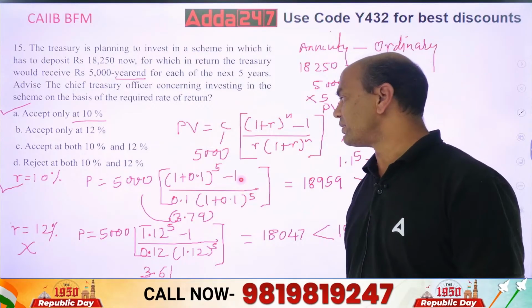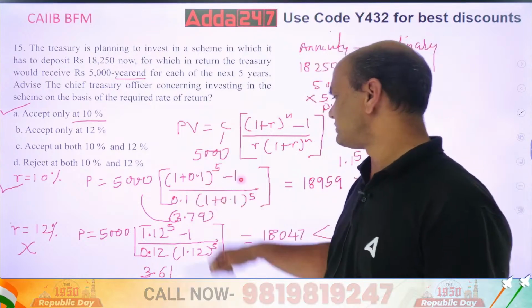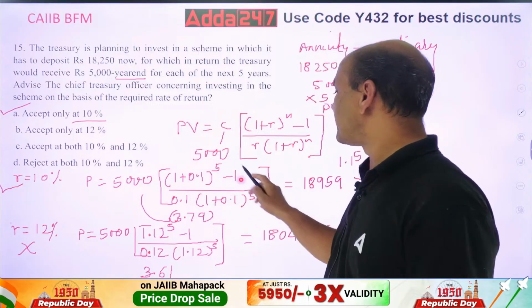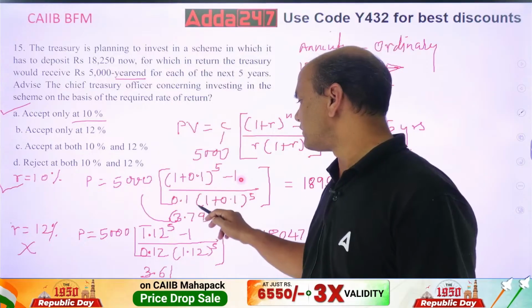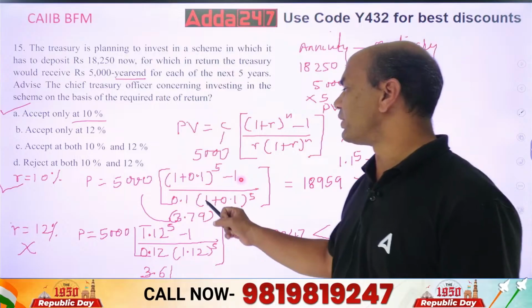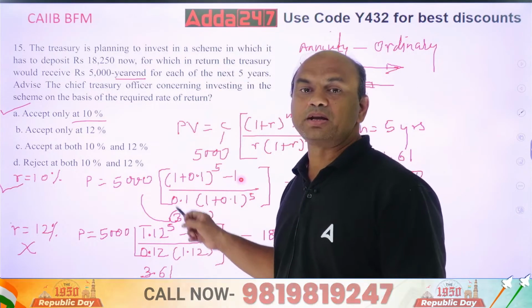So whatever answer I am getting for only this part is 3.79. Okay? So if this is 3.79, then multiply it with 5,000.